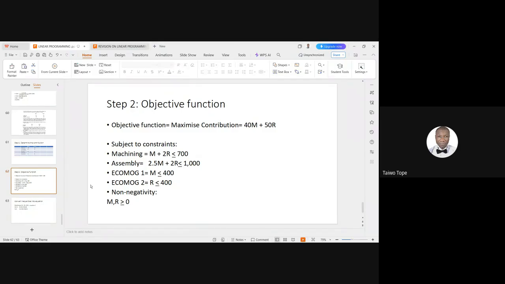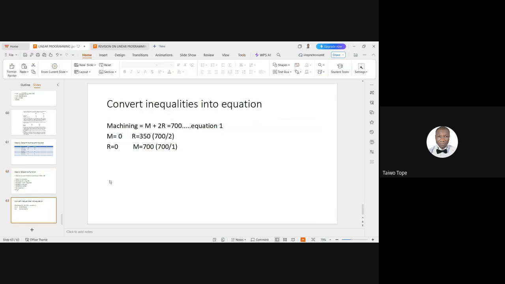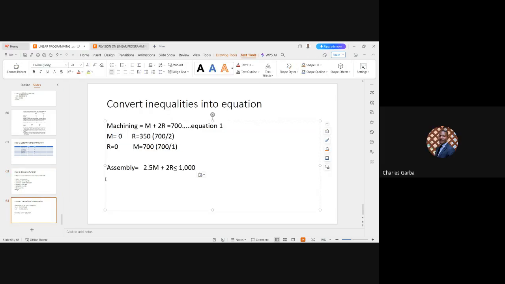For equation 2, assembling, we have this equal to equation 2. So for equation 2, when M is equal to 0, R will be what?